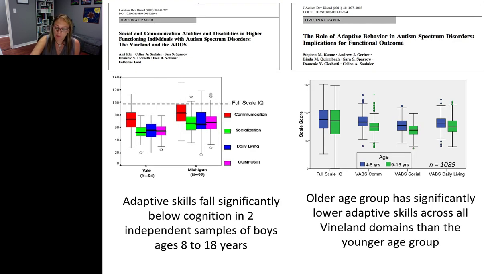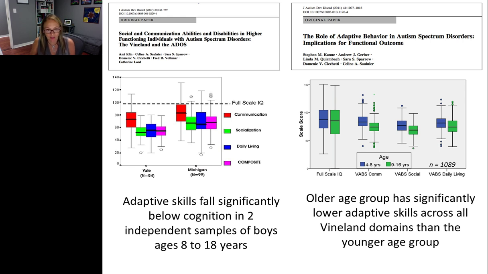So just to briefly go over the history of research that I've done on adaptive profiles, when I was at Yale, Ami Klin, Sara Sparrow, and I and our colleagues looked at only a sample of high IQ boys. So these were boys ages 8 to 18, and their full-scale IQ is that dotted line at 100.